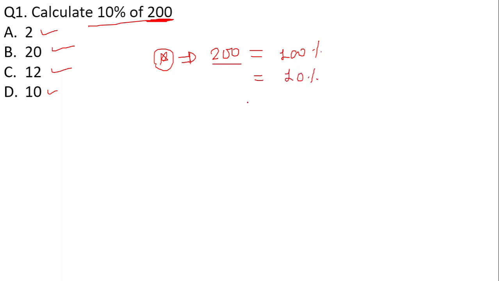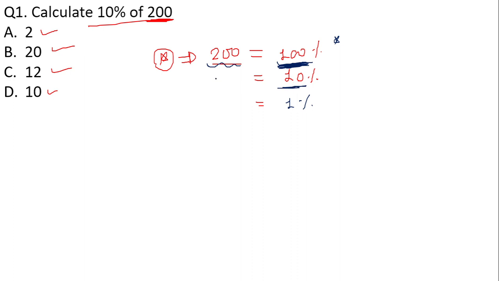One trick to keep in mind: whenever we are calculating 10% or 1% of any given value, the first thing that you have to do is consider the given value as 100%, which I have already told you. The second thing, now 200 is equal to 100%, then 10% is equal to what is the question.